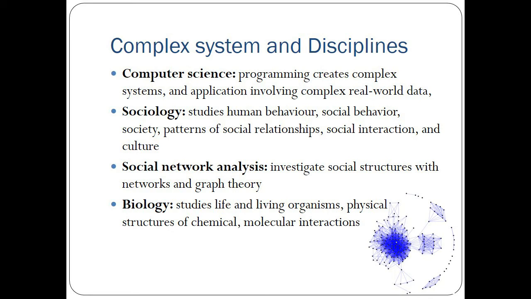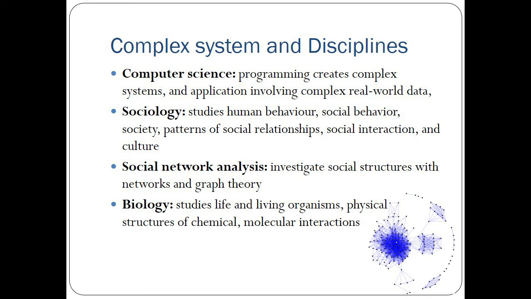Then social network analysis. Social network analysis is at the intersection of computer science and sociology, where you have internet-based, information technology enabled social media, and also the fundamental concepts of sociology.